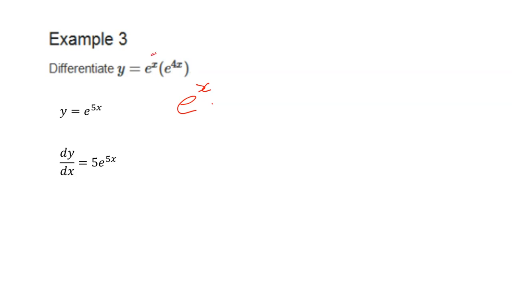So I'm deriving this first. I'm still going to have e to the x multiplied by the underived second part, which would be e to the 4x, plus, let's now take the derived second one, which would be e to the 4x multiplied by 4, multiplied by the underived first one, which would be e to the x.